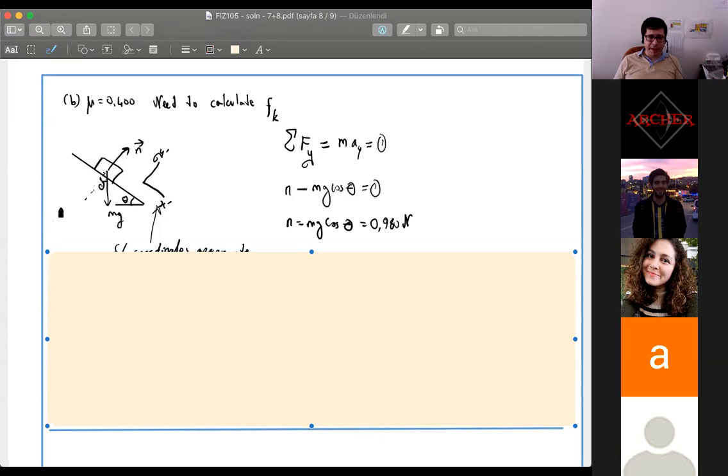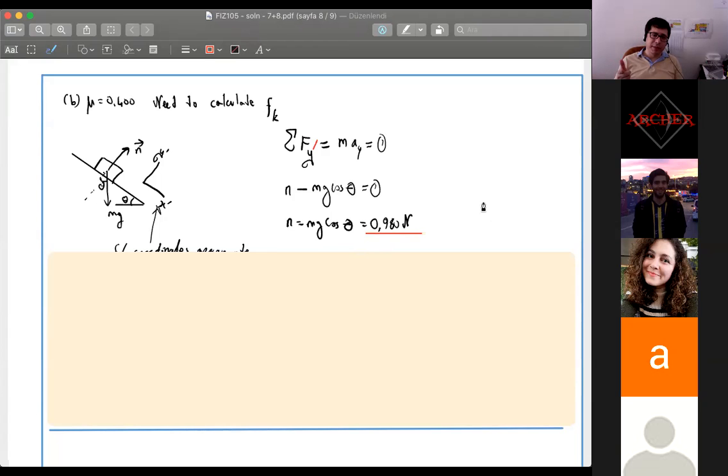Therefore, the balance of forces in the vertical direction, Fy, in fact this is Fy prime. Çünkü G üssü demişim burada. Bunlar farklı şeyler değil. There is no acceleration in this Y prime direction, so forces are in balance. N is equal to mg cosine theta, which is 0.980 Newton, normal force.